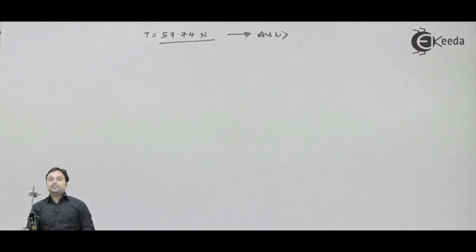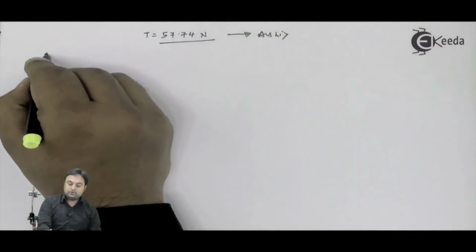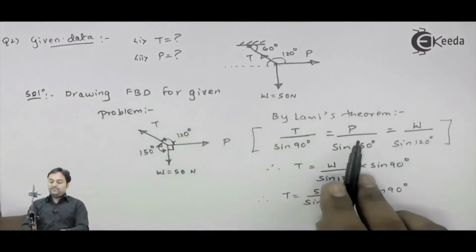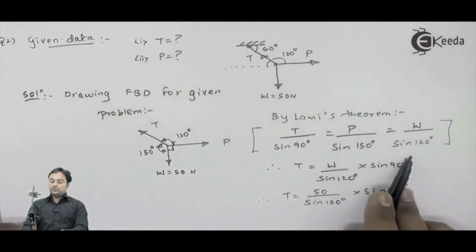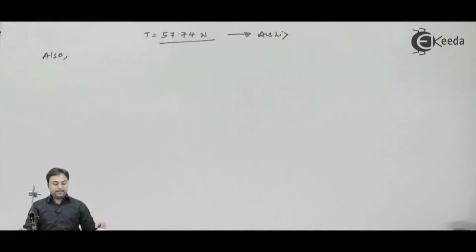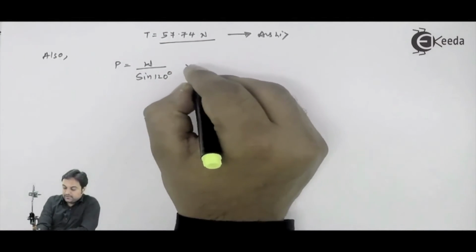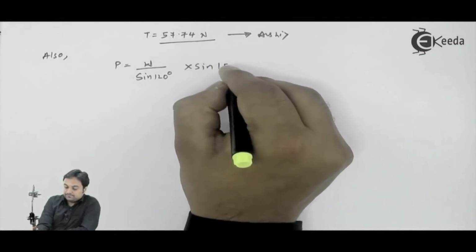Next, I have to calculate the value of P. I can say that also P will be equal to W sine 150 upon sine 120.